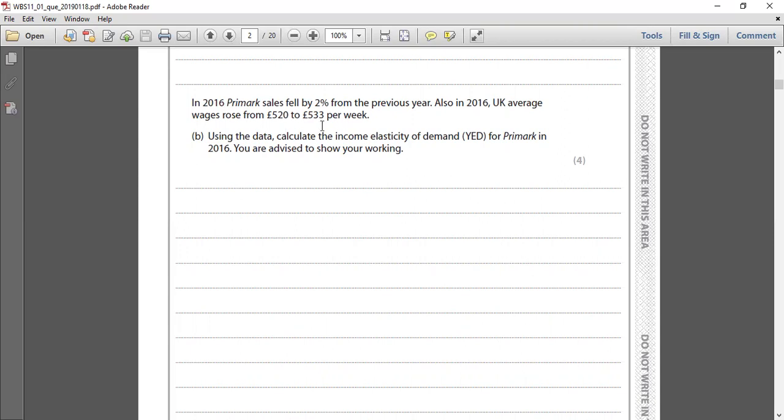The increase from 520 to 533 is a difference of 13 pounds, divided by 520 times 100. That gives the percentage change in income, and then you can divide to find the value of YED.